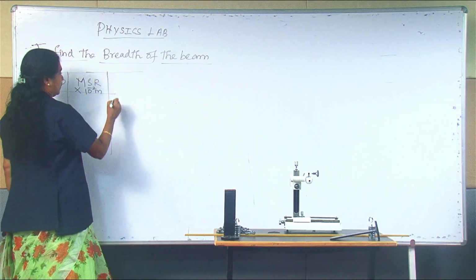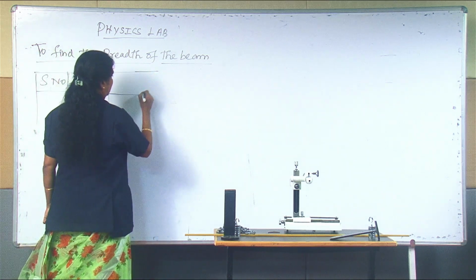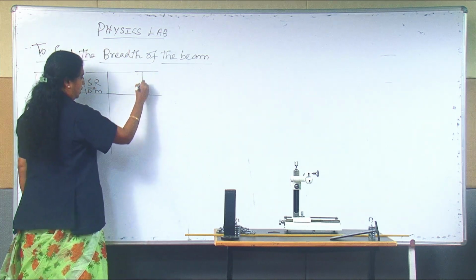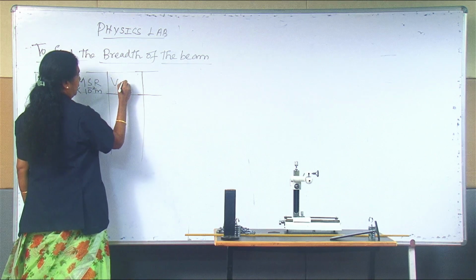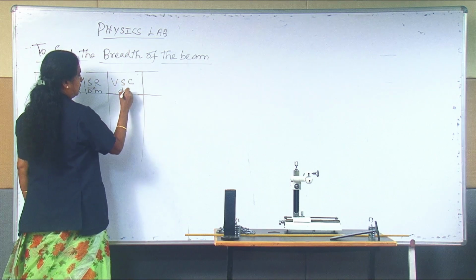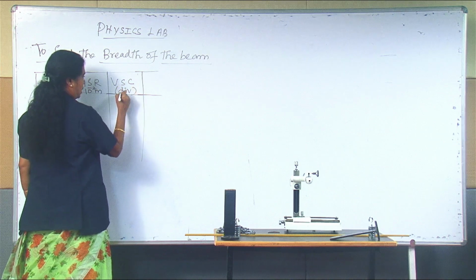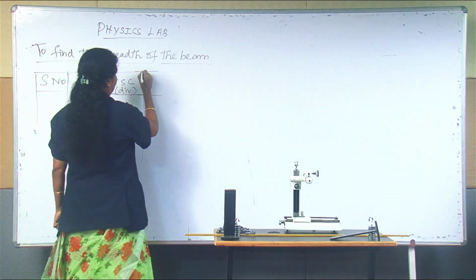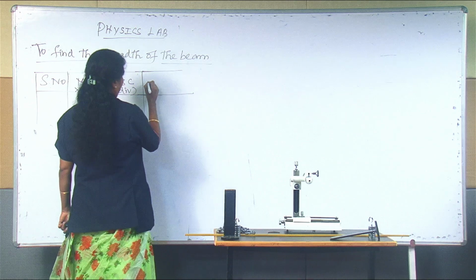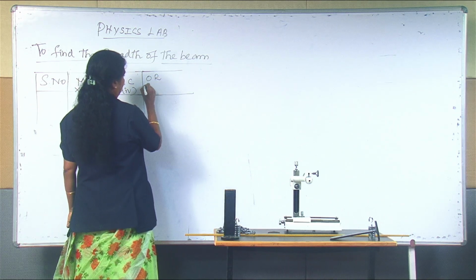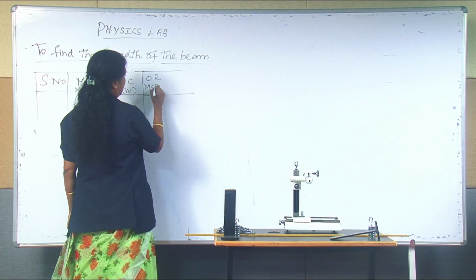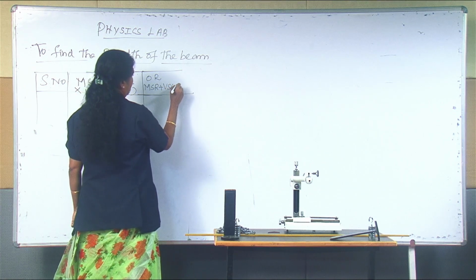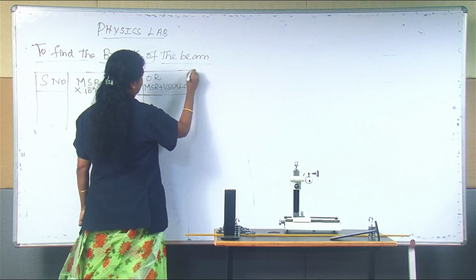So MSR. Next, another scale is the vernier scale. So vernier scale coincidence, VSC. It is in divisions only, like our head scale. And similarly you write the observed reading. Observed reading is nothing but MSR plus VSC into least count.